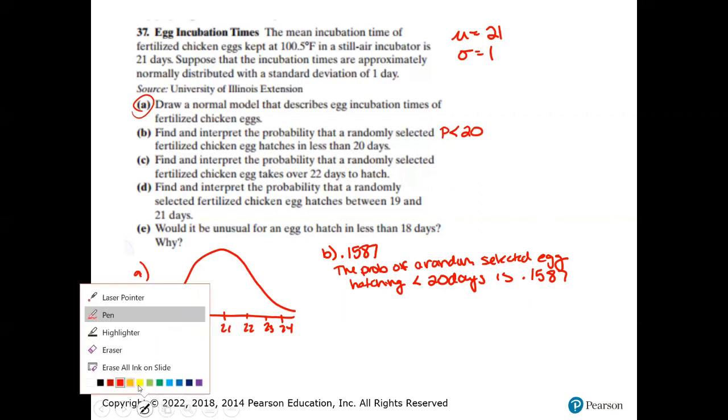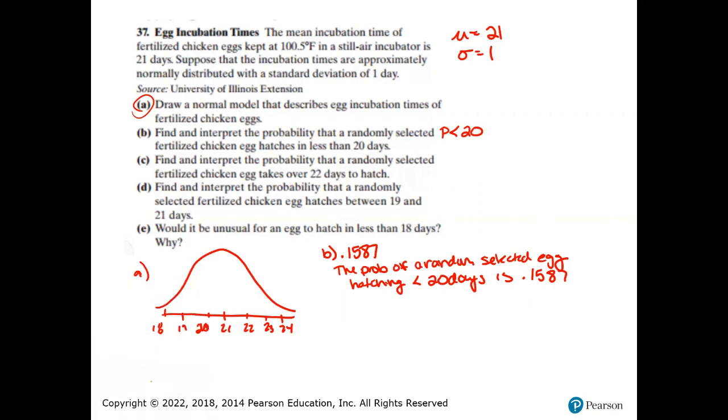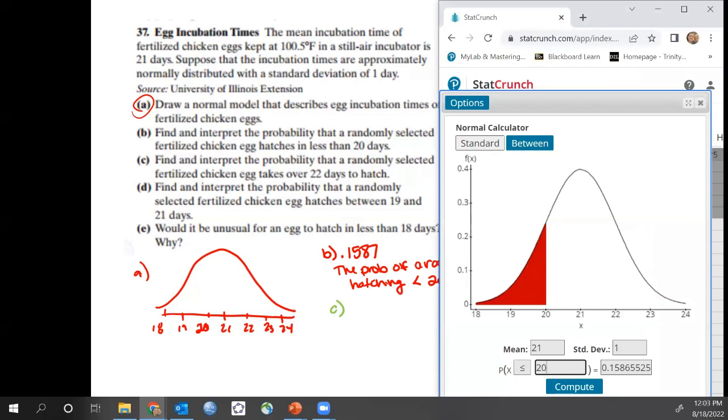I'm going to pick some different colors here just so it doesn't all blur together. Okay, C, find and interpret the probability that a randomly selected chicken egg takes over 22 days to hatch. So now I want to go greater than 22. Okay, so you really just have to make sure you're reading correctly so that you know what symbol to type in.